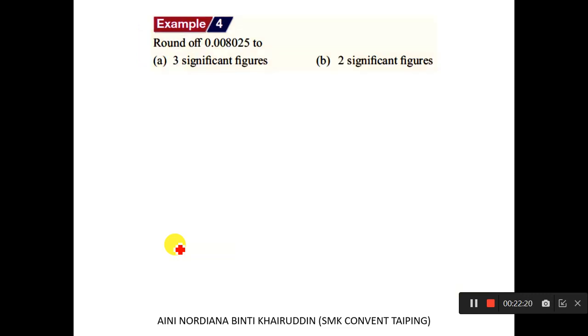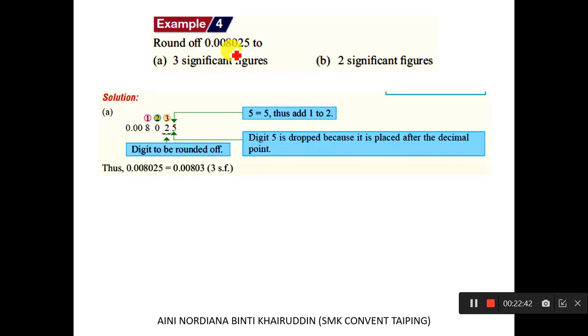So have a look at this example: round off 0.0080 to 3 significant figures. Remember the 0 before, and after a non-zero digit, is not significant. So the first significant figure we start at 8.